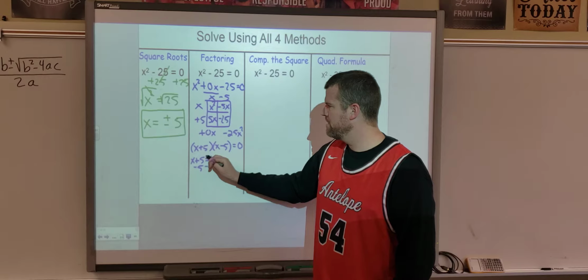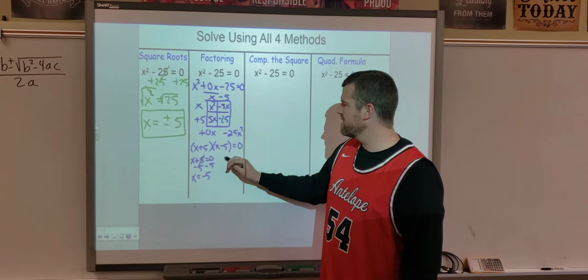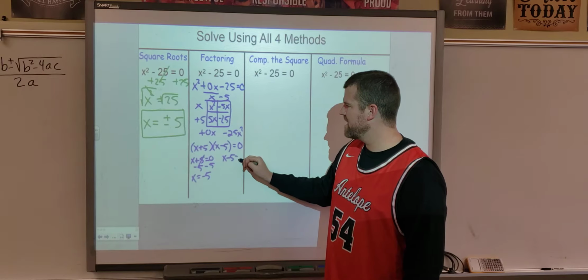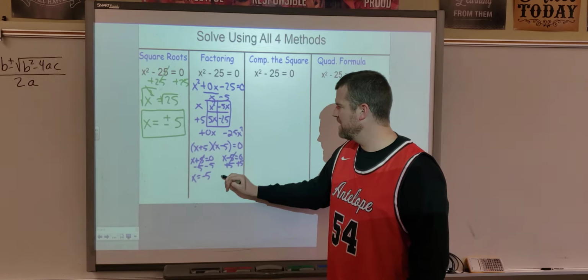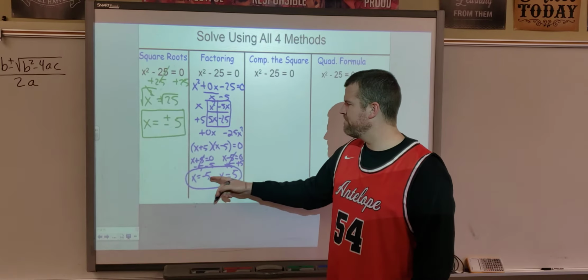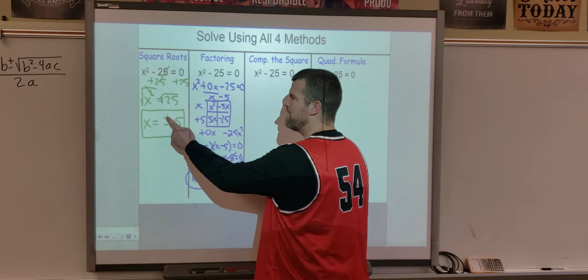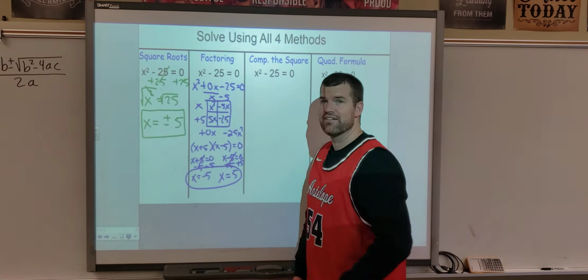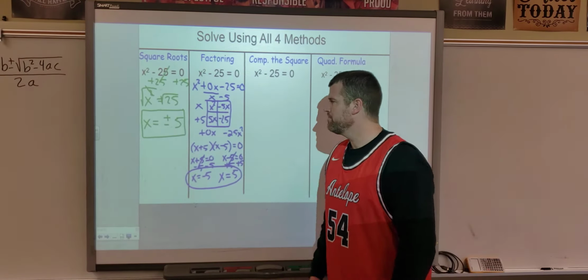Subtract 5, x equals negative 5. Take my second factor, x minus 5, set that equal to 0. Add 5, and voila, x equals 5. So we got negative 5 and positive 5. Hey look, when we did the square root method, positive 5 and negative 5. So it doesn't matter which method, we'll always get the same answer for the same problem.